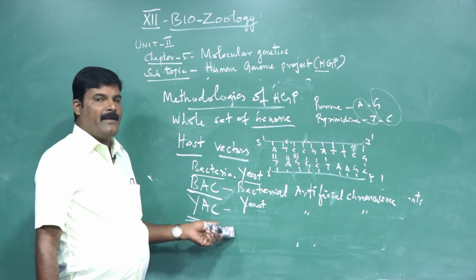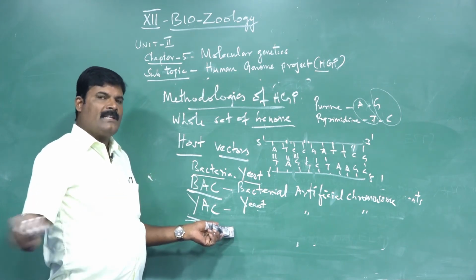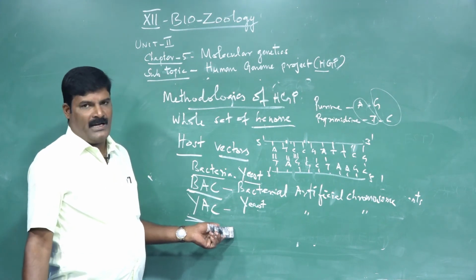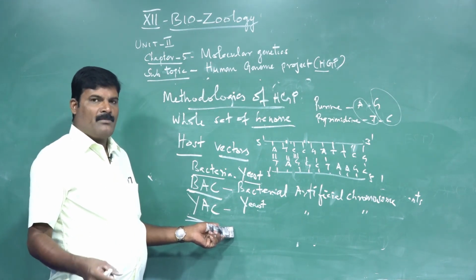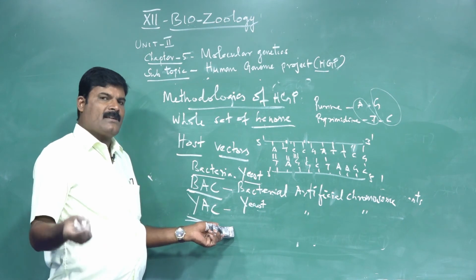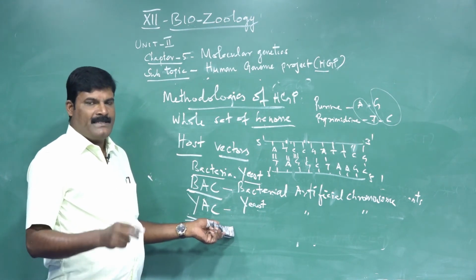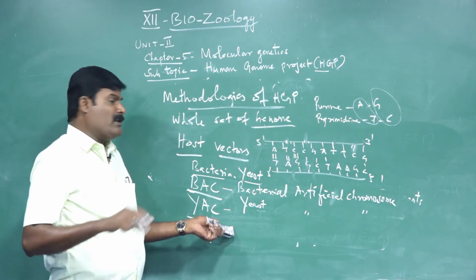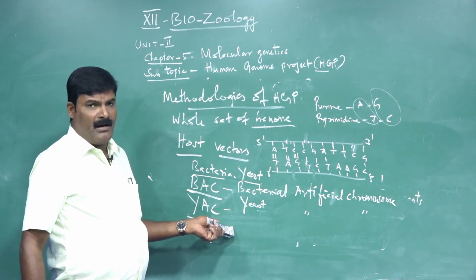So for this technique, to determine the total sequence of the genome of an organism, the DNA is isolated by using certain enzymes and chemicals. Physical maps are used for determining the total sequence of the DNA or genome.